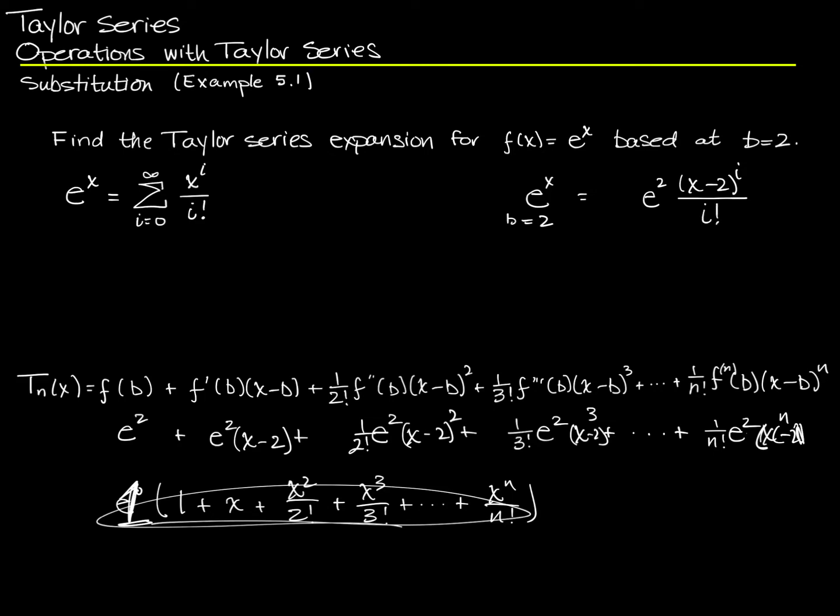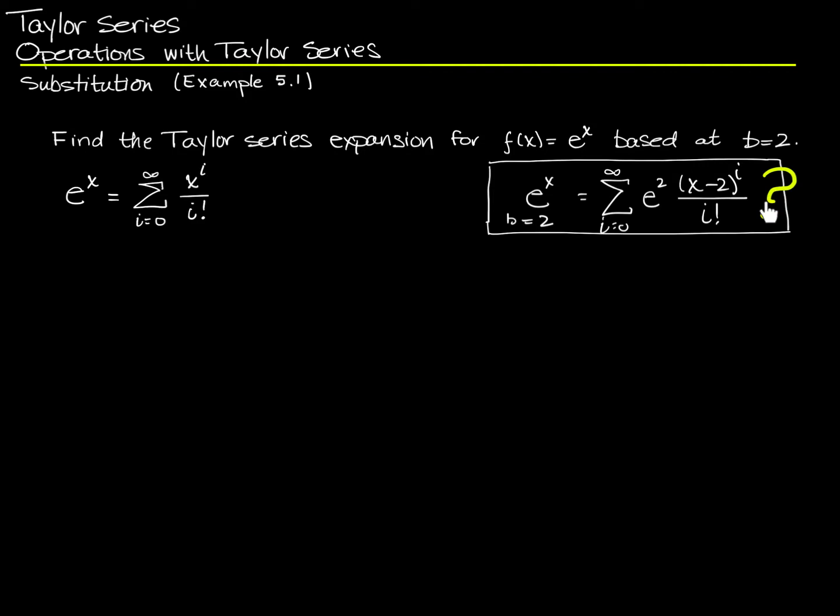And I'll add those all up, going from i equals 0 to infinity. So that's what I propose based on my ham-fisted brute force attempt to figure out what it is when it's based at 2. But now let's see if we can do it using a simpler method.